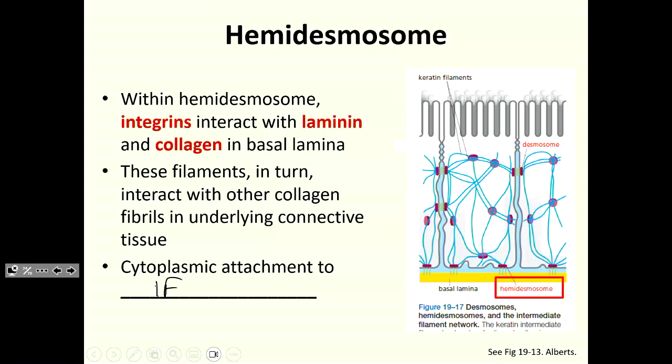So the cytoskeletal component is one of our intermediate filaments, and that is connected to the plasma membrane protein, which is the integrins. And the integrins have to bind to something in the extracellular matrix, and that something most often is collagen or laminin.